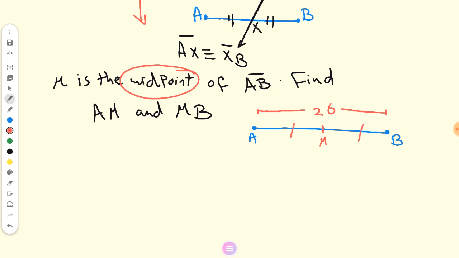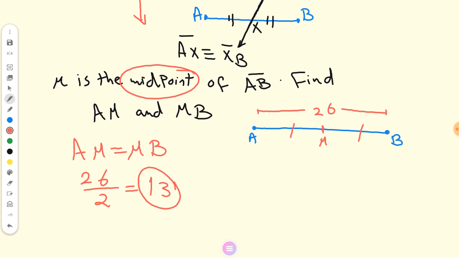Then AM equals MB. That means I will divide 26 by 2. 26 divided by 2 equals 13. Then AM equals MB, and each one equals 13.